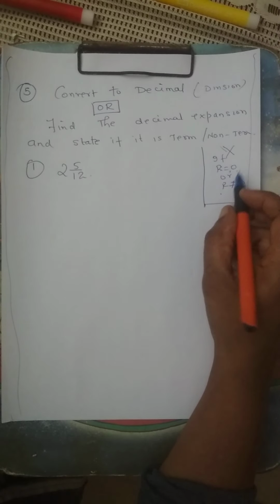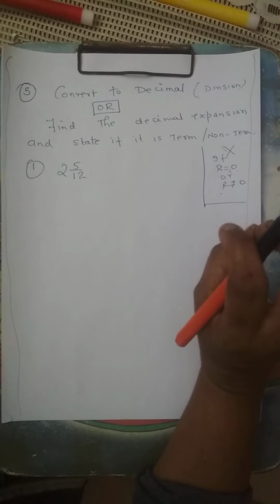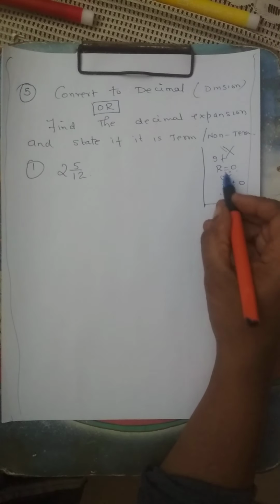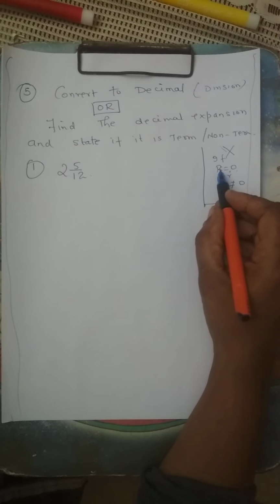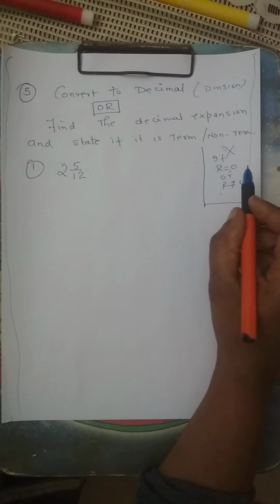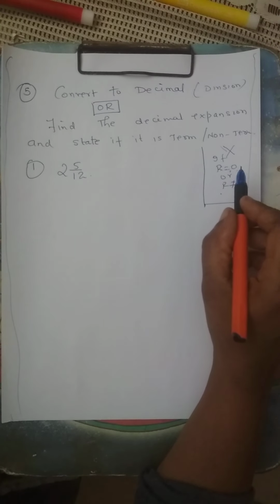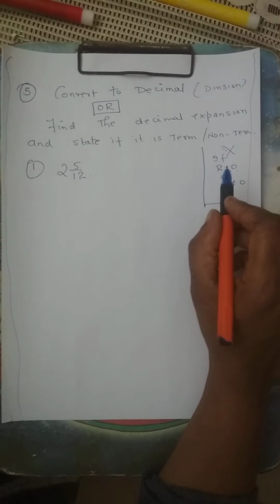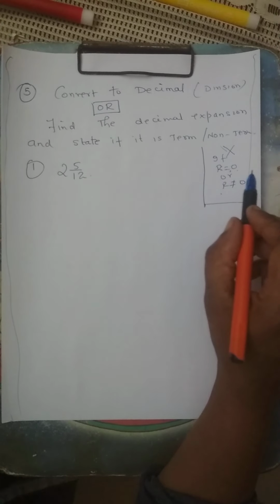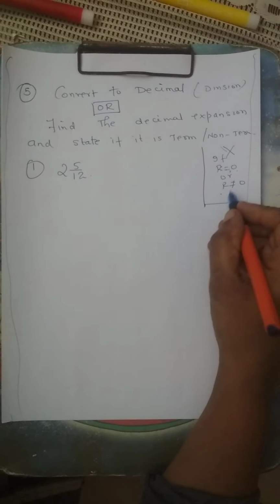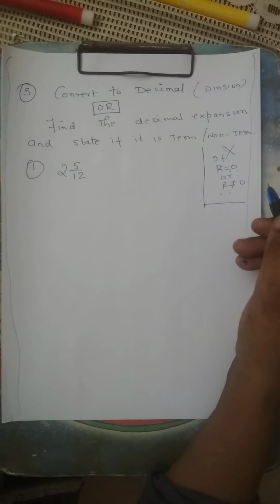There are 2 conditions. If you want to check if it's terminating, say after me: we have to check if remainder is 0. Because if remainder is equal to 0, it is terminating. And if remainder is not 0, it is non-terminating, recurring. What's another name for recurring?